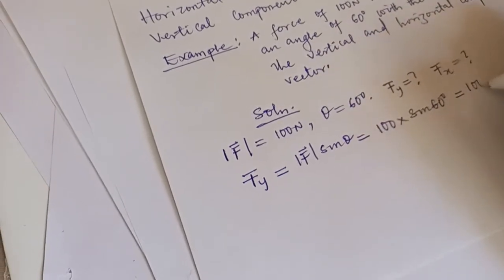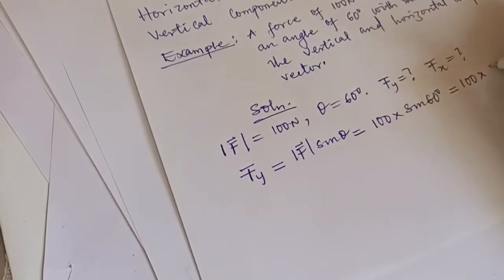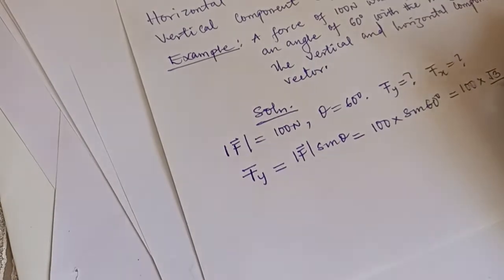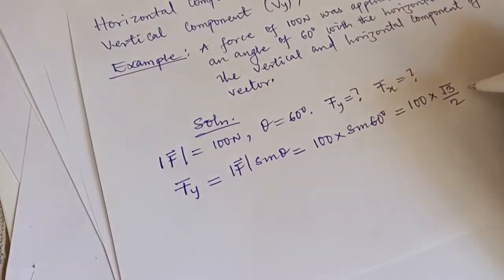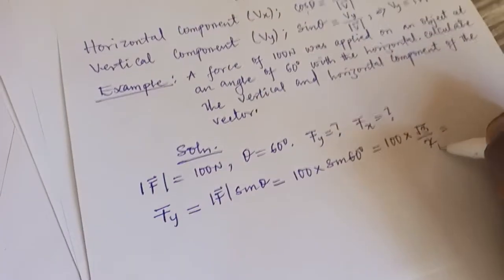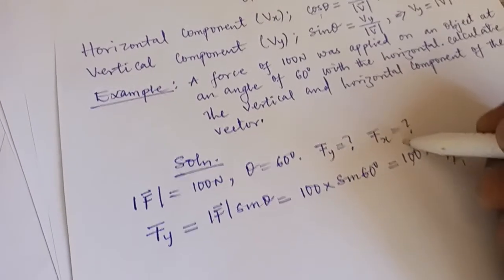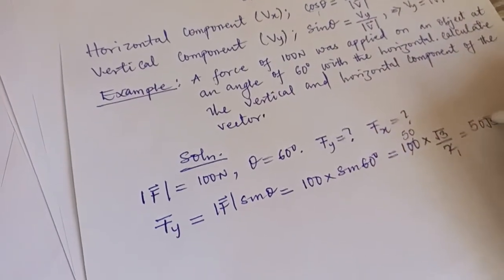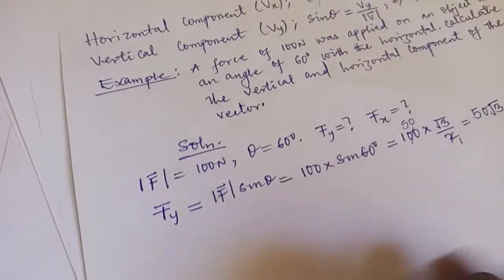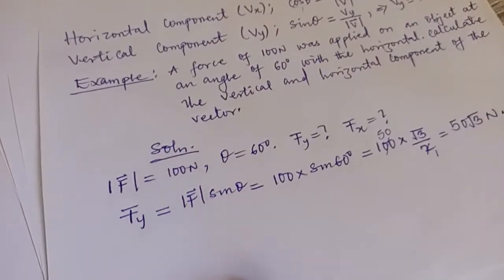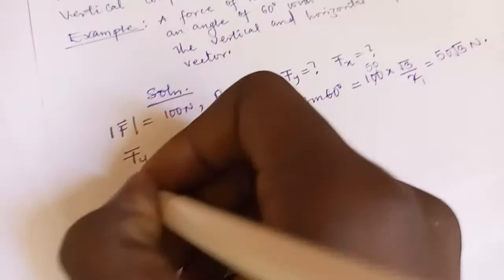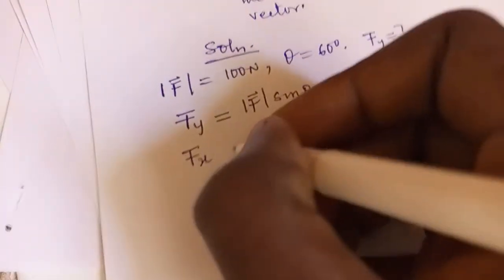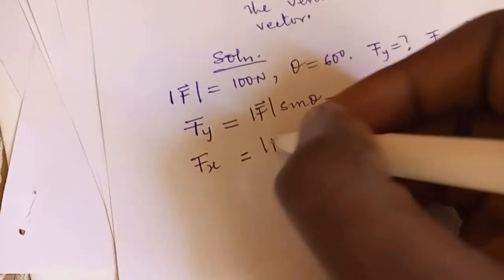Therefore, I have 100 multiplied by root 3 over 2, which is, 2 into 100 is 50. This is equal to 50 root 3 Newton. As simple as that.